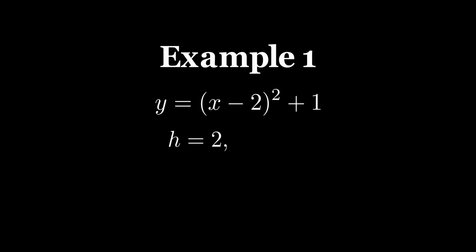The number at the end tells us the vertical shift. +1 means the graph is shifted 1 unit upward. So the vertex is at the point (2, 1). This is the lowest or highest point of the parabola depending on the value of a. Here, a is +1, so the parabola opens upward. That means this point is a minimum.